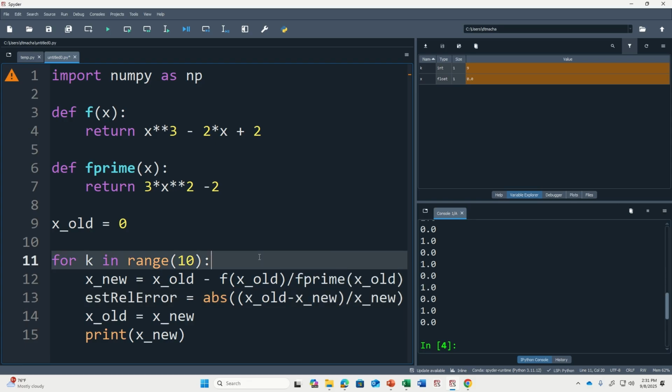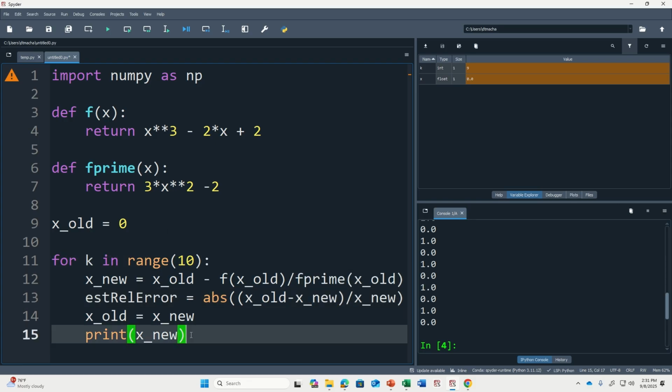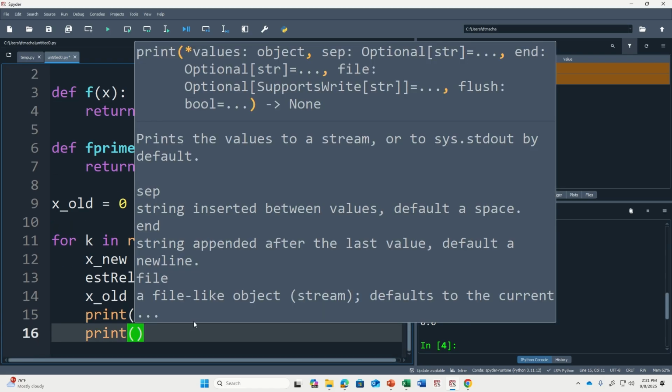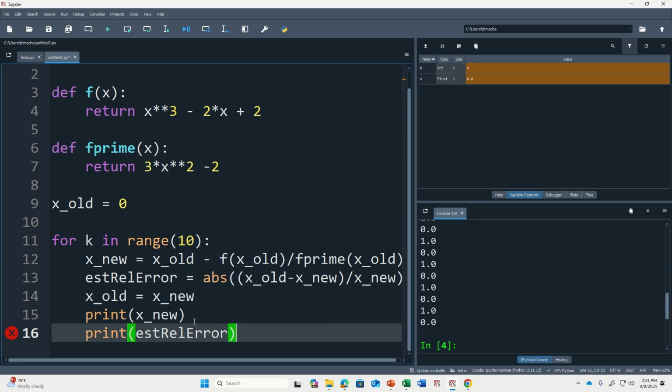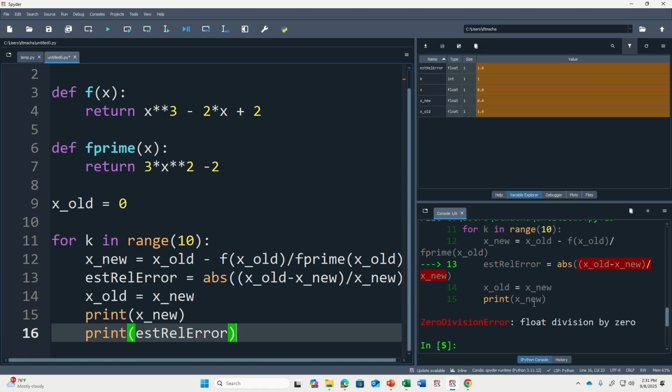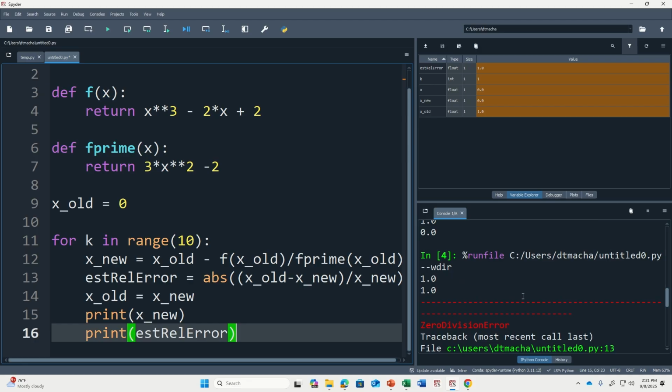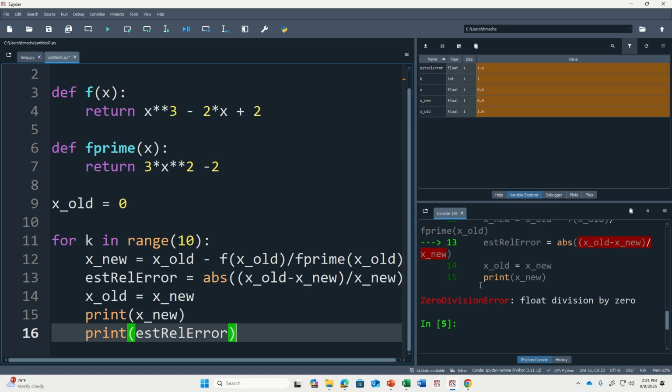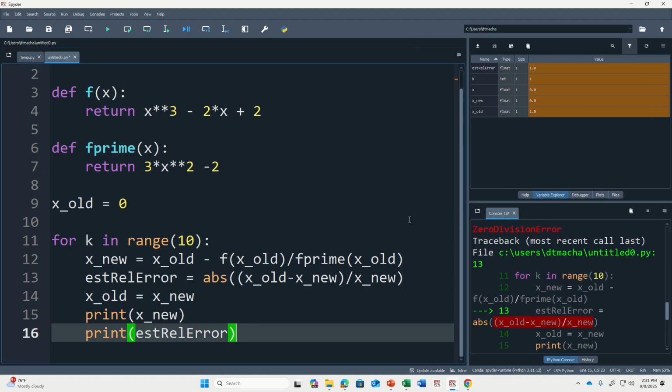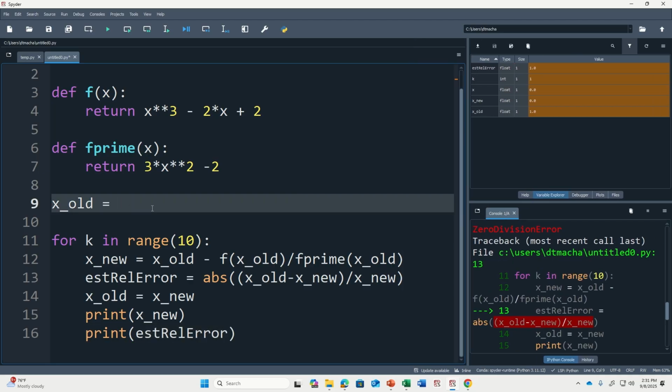Anyways, let's do this. And then we can also print the estimated relative error and see what that is on each iteration. And you see it decreases every time until we divide by 0, which is not good. Oh, because I started at 0, so my thing was bouncing back and forth, 0, 1, 0, 1, 0, 1.